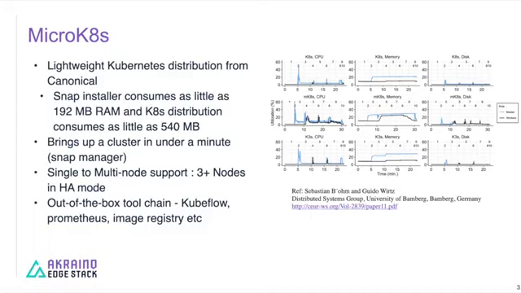Developers can start with a single node instance of MicroK8s, and they can extend this to 3+ nodes. The moment we add more nodes, we can also enable high availability mode. Another good aspect of MicroK8s is that we get some out-of-the-box tool chains, like Kubeflow, Prometheus, and an image registry. So we can spin up a completely self-contained Kubernetes environment for developers.